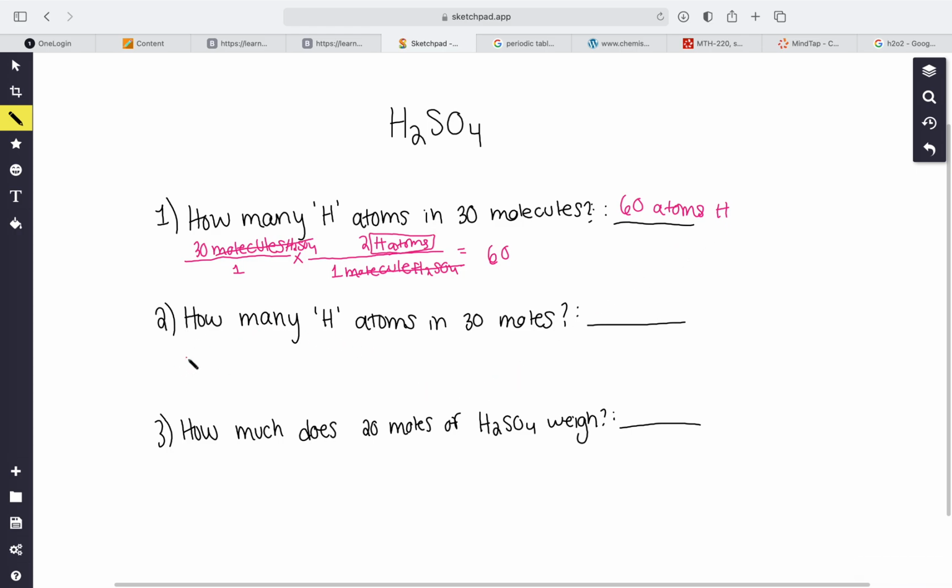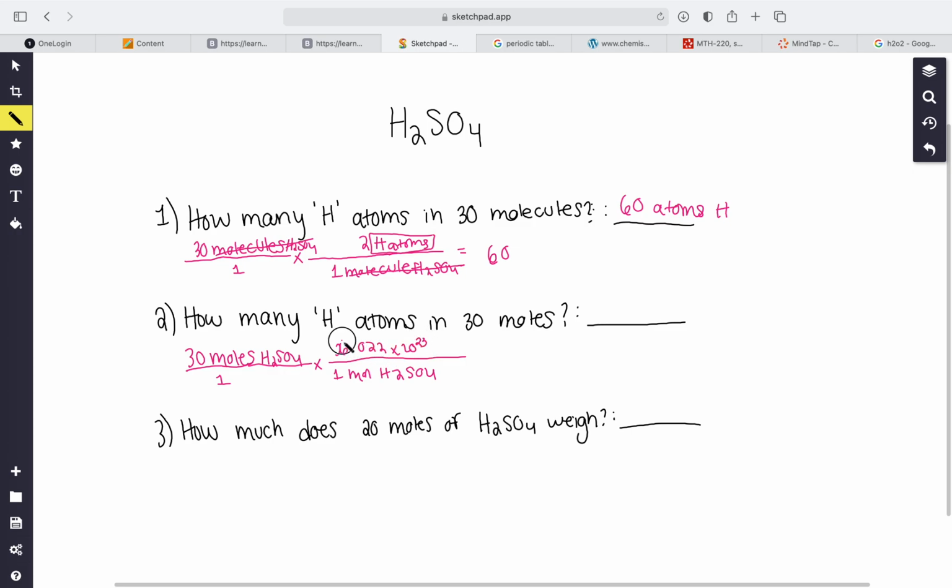So we get 60 atoms of hydrogen. Okay, next one. How many hydrogen atoms are in 30 moles of H2SO4? Again, we start with the given. 30 moles of H2SO4 divided by 1, times our favorite number, Avogadro's number. So we're going to do 1 mole of H2SO4 is 6.022 times 10 to the 23rd.